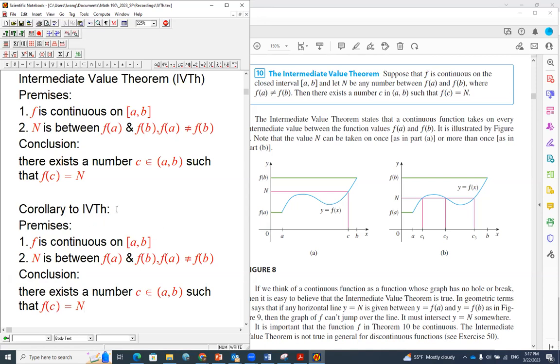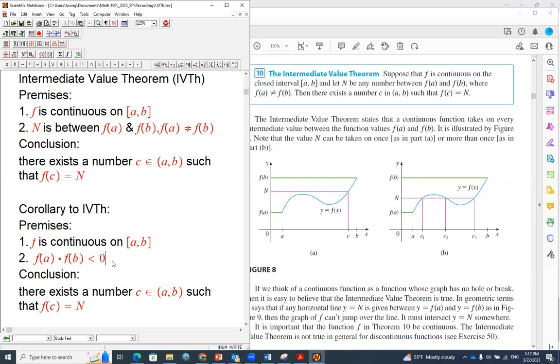So the corollary to this intermediate value theorem, even though it was not listed in the textbook, was used. The first condition stayed the same. The second condition is the following: f of A and f of B, the product of these two numbers is negative.